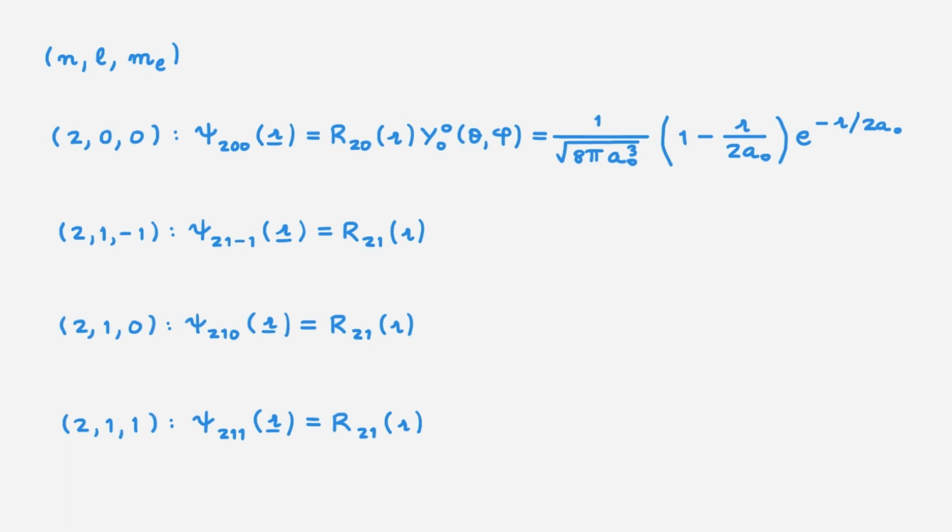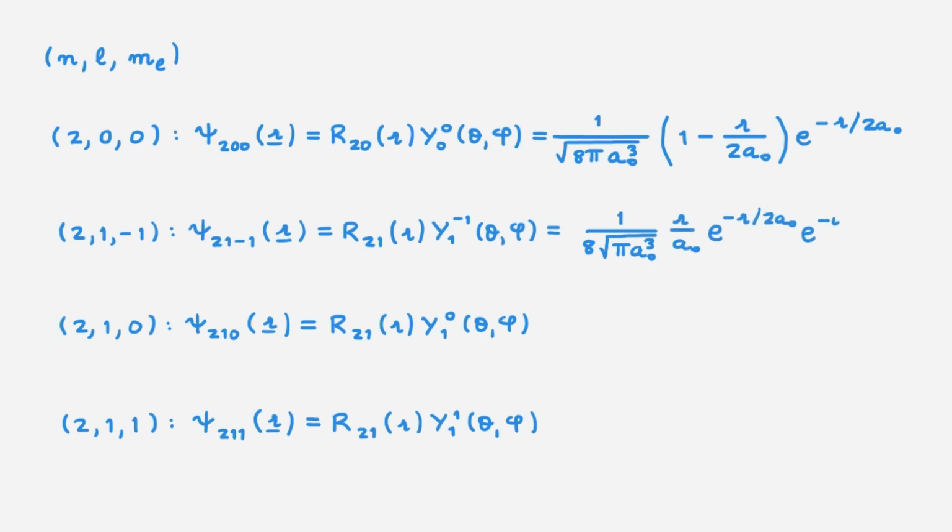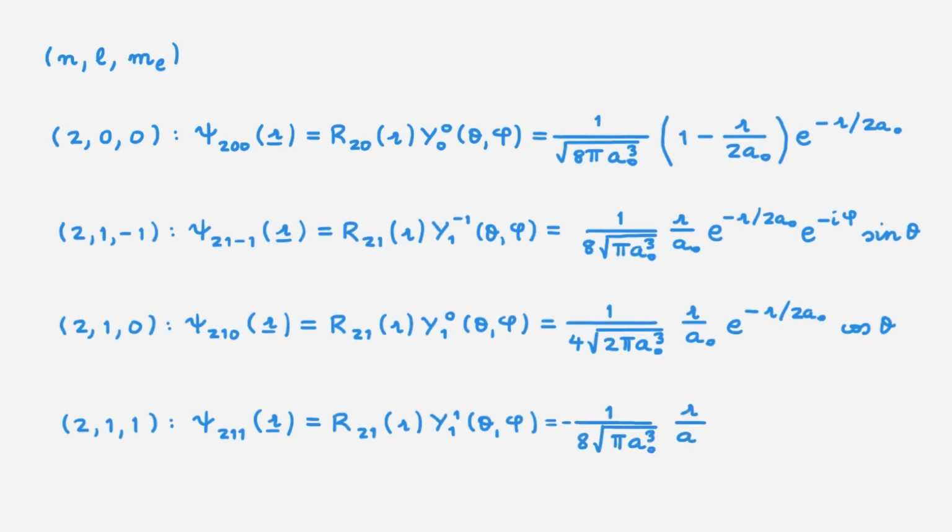The angular parts, however, differ, with the y1 minus 1 spherical harmonic for the first one, the y10 spherical harmonic for the second one, and the y11 spherical harmonic for the third one. Explicitly, we get this for psi21 minus 1, this for psi210, and this for psi211.